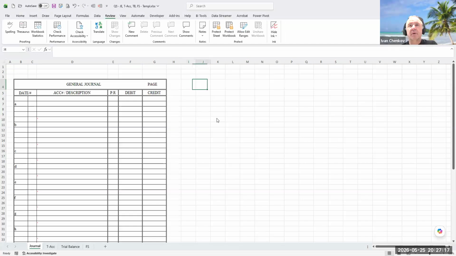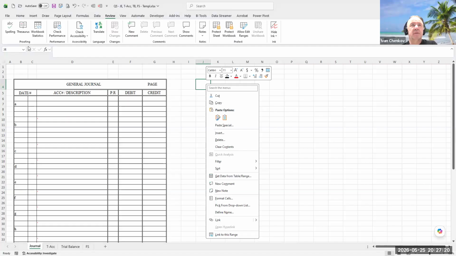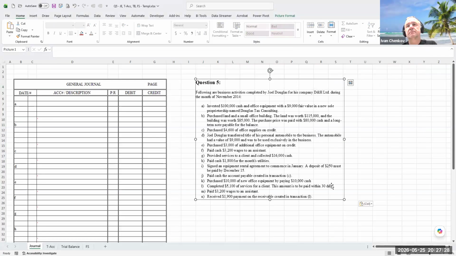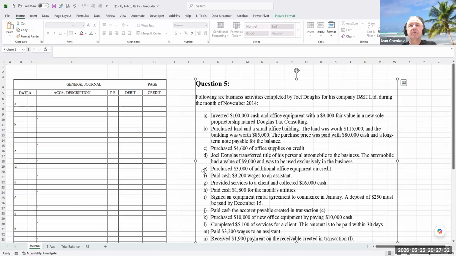Okay, I remember the password, so now I can paste it as a picture. Here we go. Now we have the question and the information all together in one place.